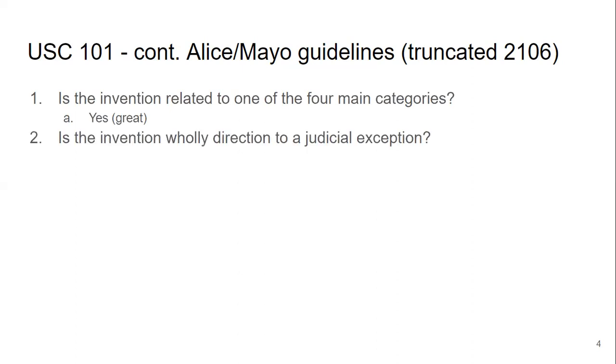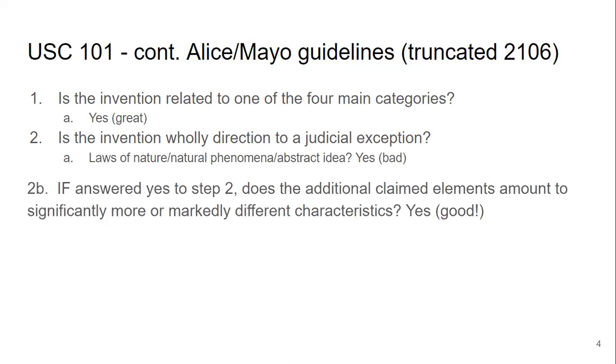But if it's a no, then the question is, is the invention wholly directed to a judicial exception? That would be like natural phenomena, abstract ideas. If it's a yes, then that's bad, right? Then that would lead to another pass. This is called step 2 within the Alice-Mayo guidelines. So then you would go to step 2B and ask the question, do the additional claimed elements amount to significantly more or markedly different characteristics?